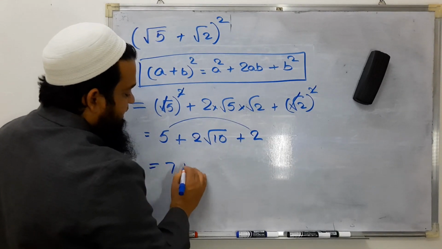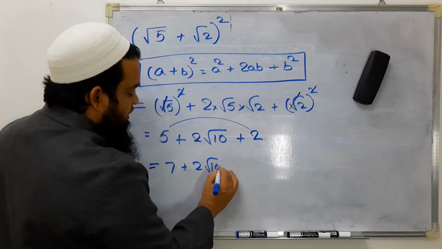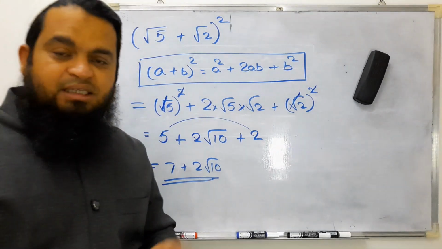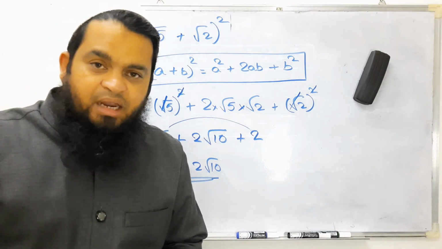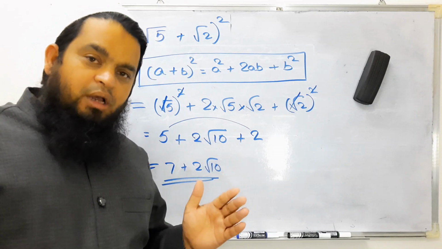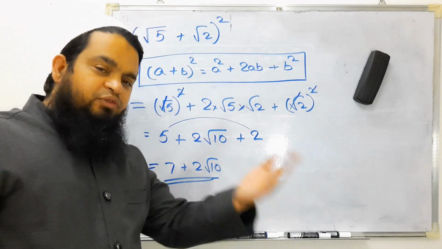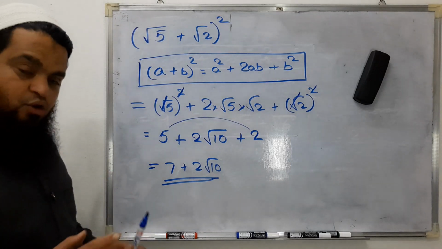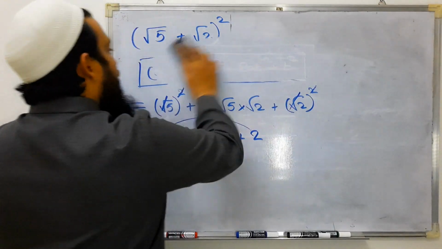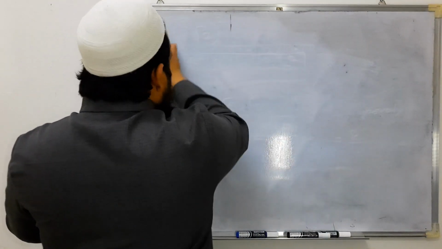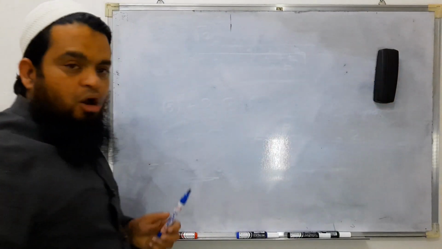So it will be 7 + 2√10. So this is the solution for the third part. Fine, I hope you understand. If you are unable to follow, or if you want to look one more time, just rewind it and copy it in your notebook and try to practice until you are thorough with this. Now you have to be thorough with algebraic identities as well as laws of real numbers.